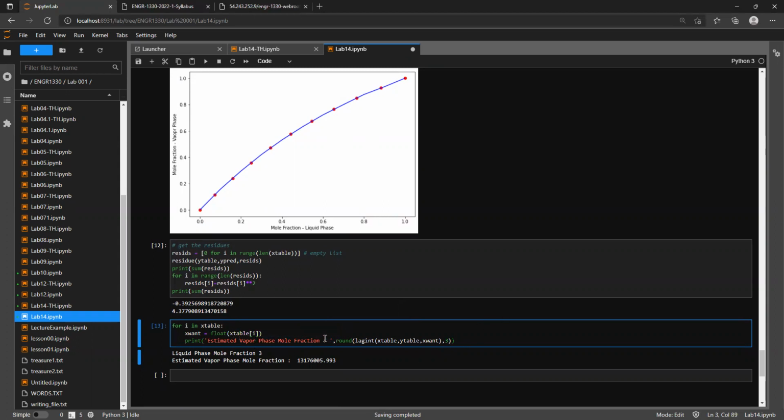And I'm going to say x equals x table i.